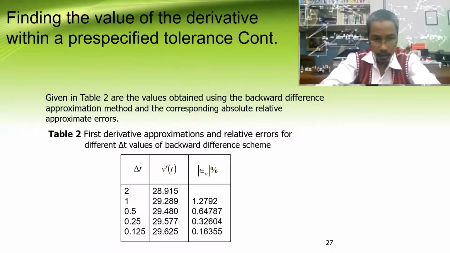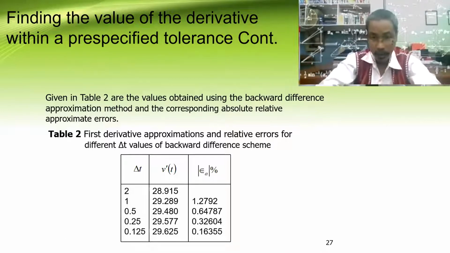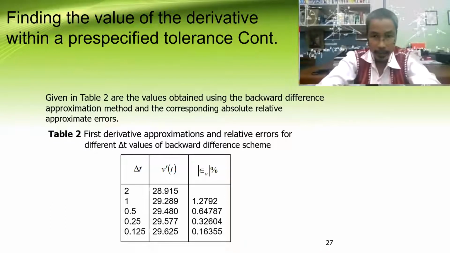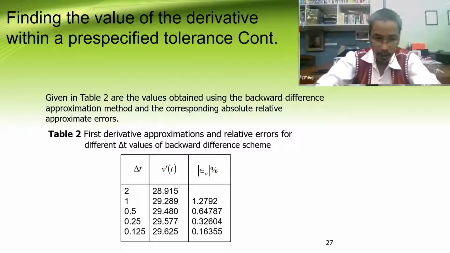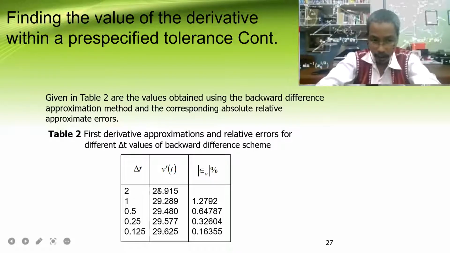Let us do this. Let's do this for different step sizes. So first, our step size is 2 seconds, as you can see from the first column of the table.